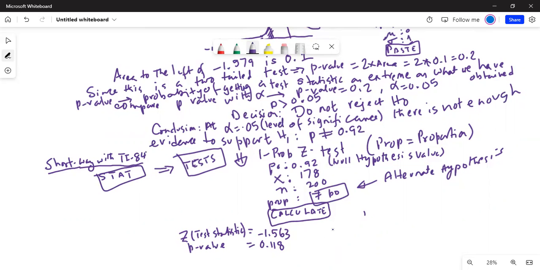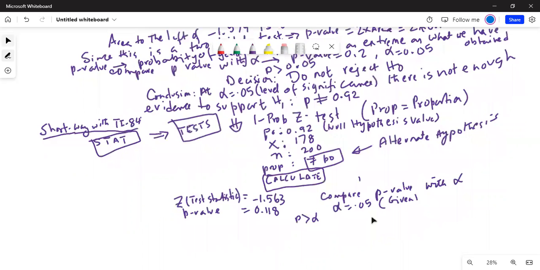So compare the p-value with alpha. Alpha, remember, is 0.05, given. So p is greater than alpha. My decision is do not reject H0, same as before.